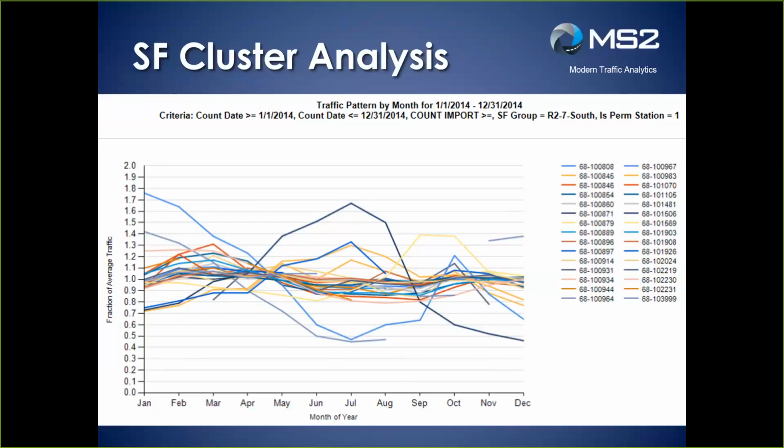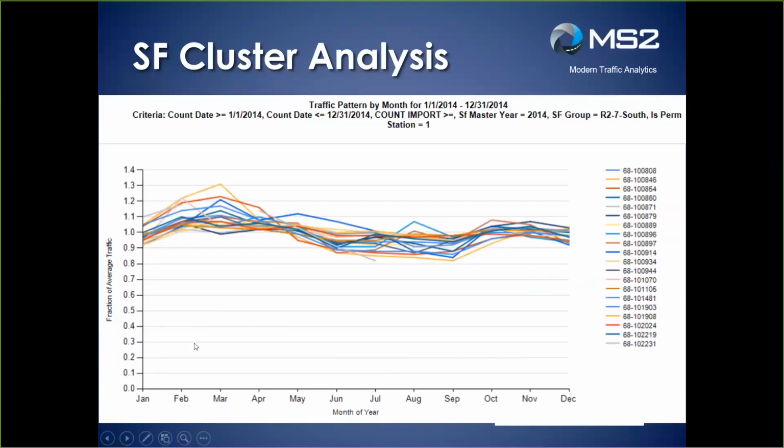For the clustering analysis, you want to filter out any station that does not exhibit the same pattern as the group. So the idea is you want to remove this line and all these outliers from your permanent count station group. Your goal is to get bundled lines like this.